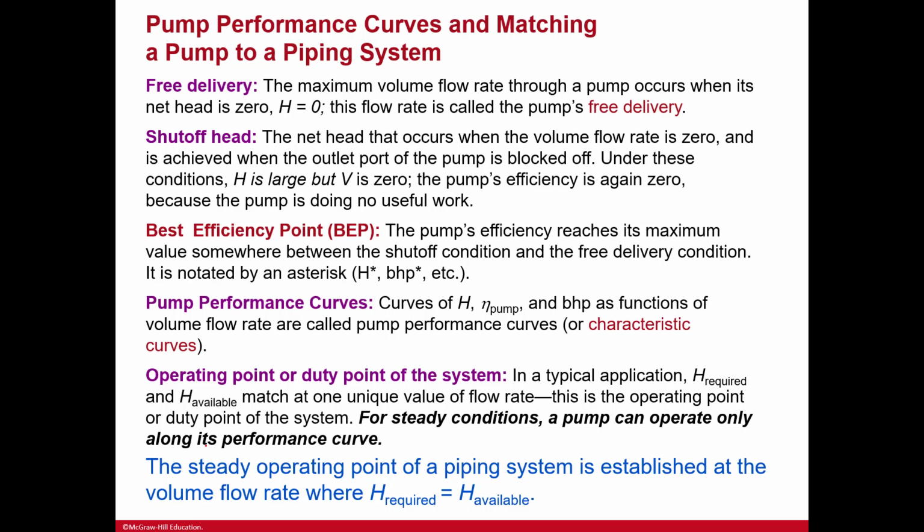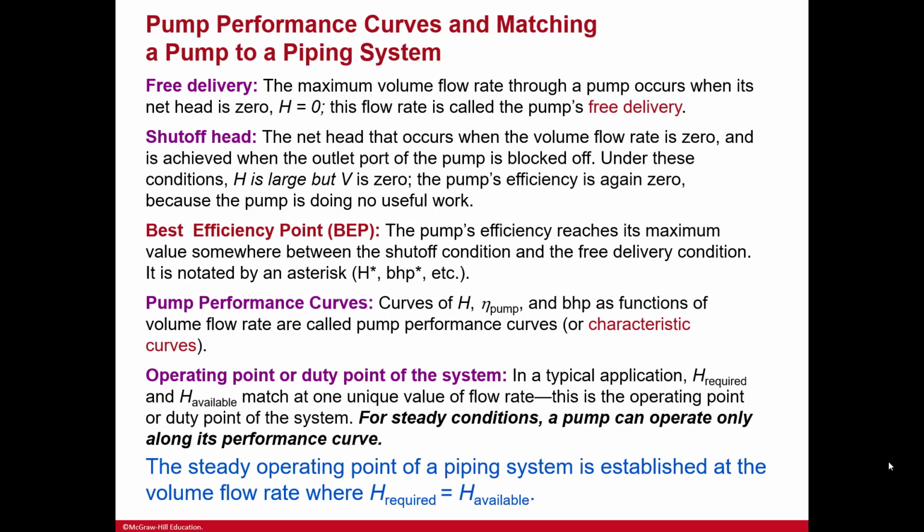Shutoff head: the net head that occurs when the volume flow rate is 0 and is achieved when the outlet port of a pump is blocked off, right? Shut off, blocked off. Under these conditions, head is large, but V is 0. And the pump's efficiency is again 0 because the pump is doing no useful work.